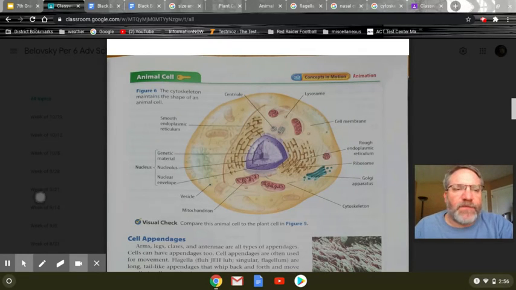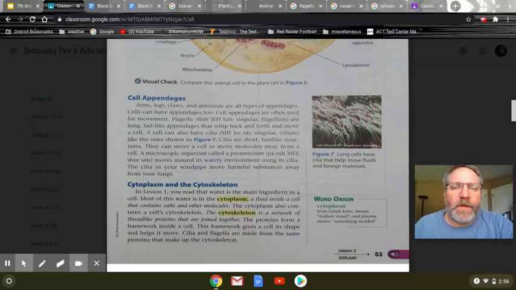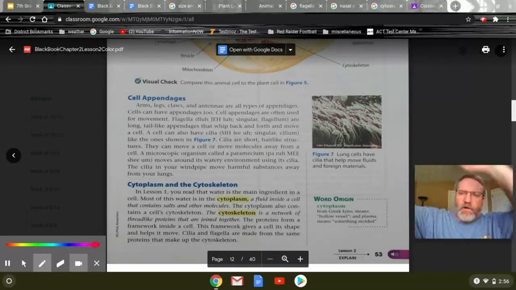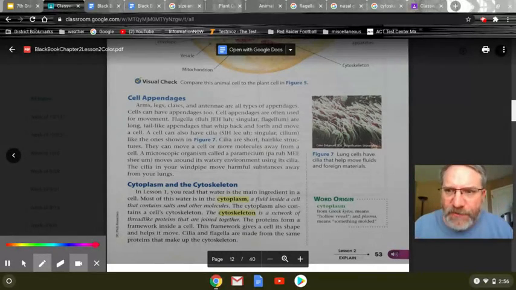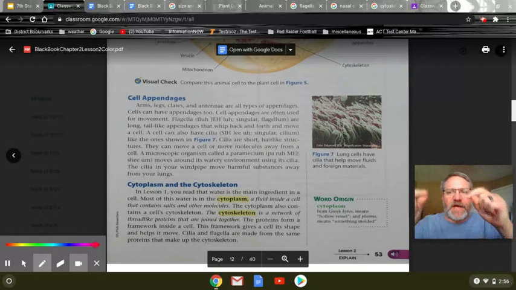Now, also if we scroll through here, you will see right here where it says cell appendages. An appendage is something that sticks out of the main part of an organism. For example, we have arms and we have legs. Those are appendages. A lobster has a pincher, and so do crabs.